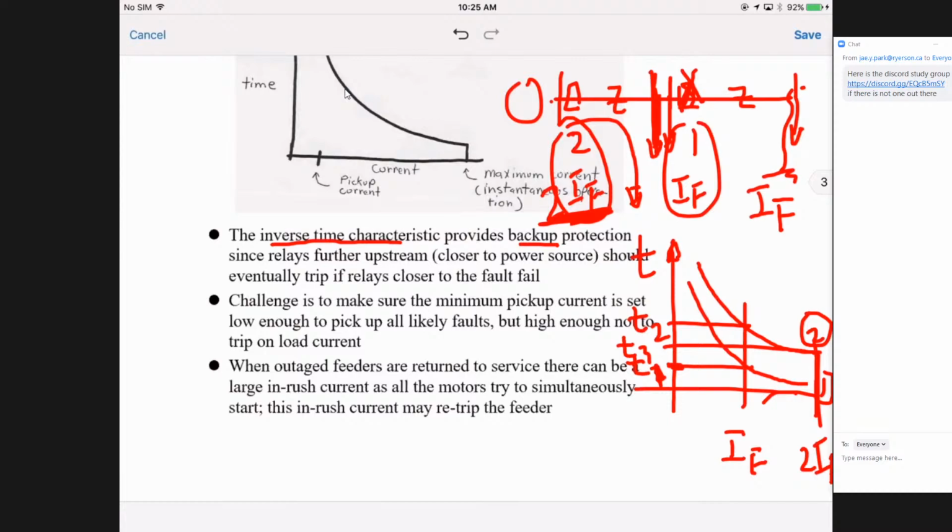I put them together just to make relative terms, but actually it should have two curves. Yes, two separate curves. I put them together so it is easy to compare.